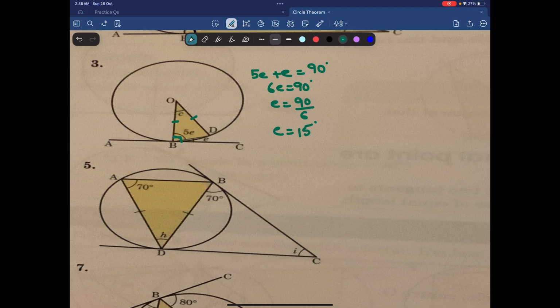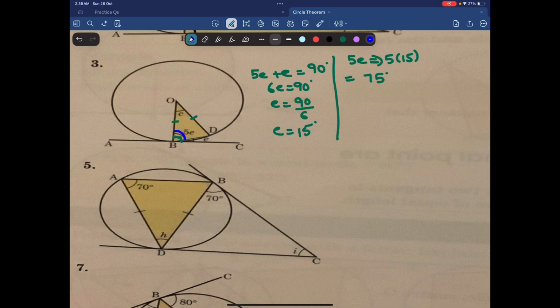And if e is 15, 5e is going to be 5 times 15, which is 75 degrees.